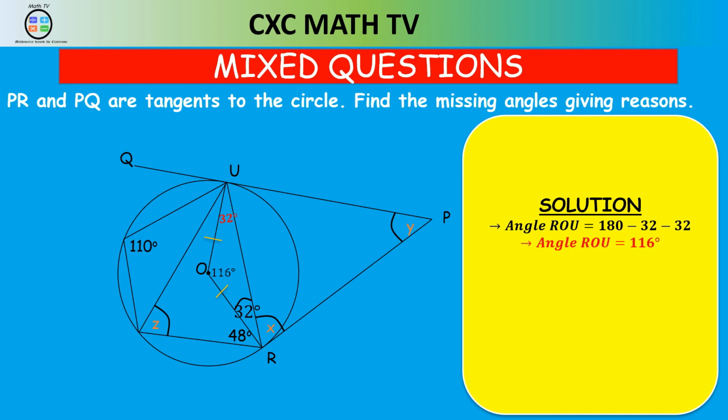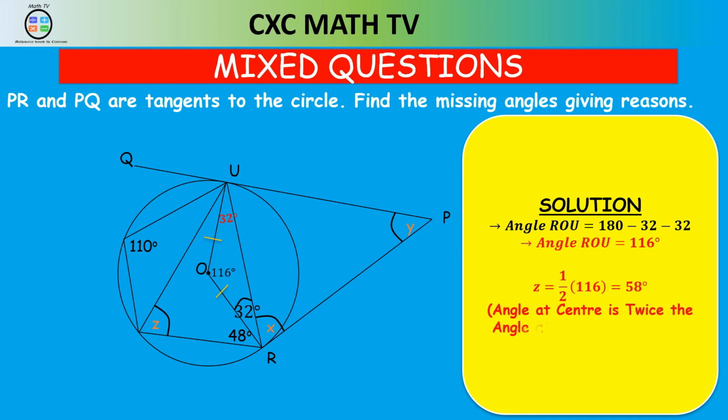And that is the angle at the center. Now, Z is the angle at the circumference, and the angle at the circumference is a half the angle at the center. So Z is a half of 116, which is 58 degrees. That's because the angle at the center is twice the size of the angle at the circumference.